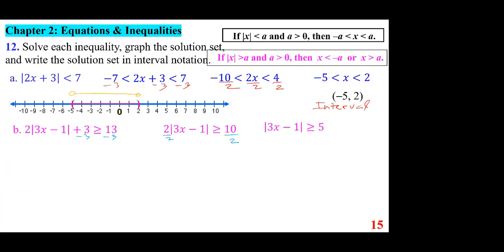And now, if this is positive and you're looking at absolute value larger than A, then you write it as follows. You drop the absolute value and say it's less than minus A, that means minus 5, and or this one is larger than 5. And of course, because it happened to have the equality, we keep the equality.